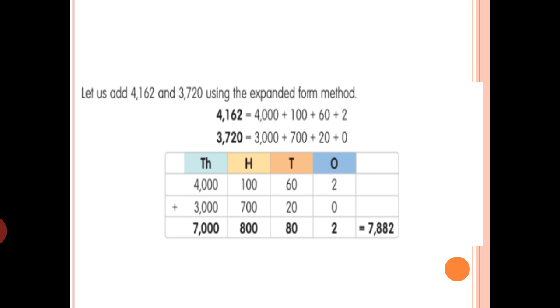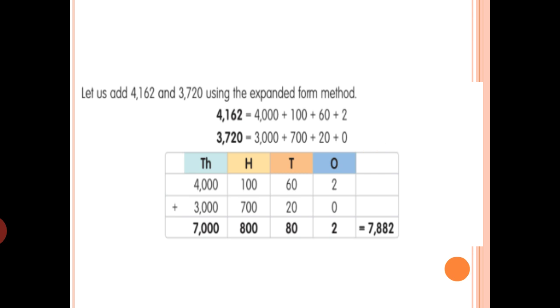So let's see how we can do it. The first number I have written in the expanded form: 4000 plus 100 plus 60 plus 2. And for the second number, similarly, we have written the expanded form as 3000 plus 700 plus 20 plus 0.